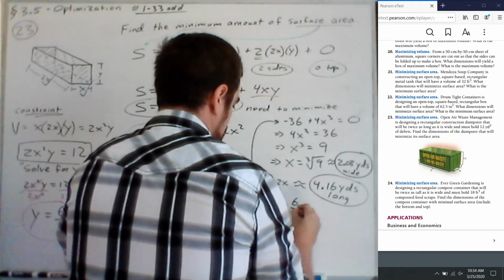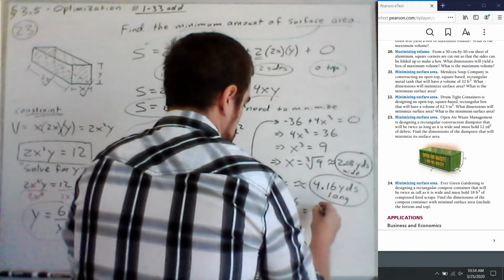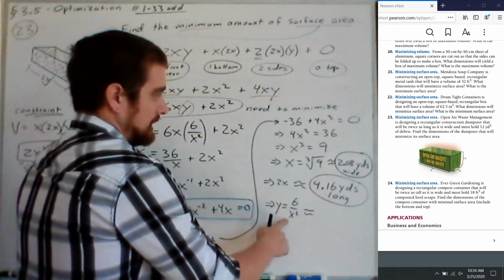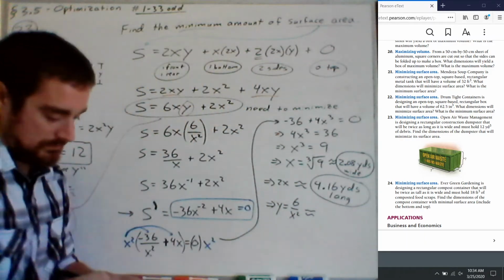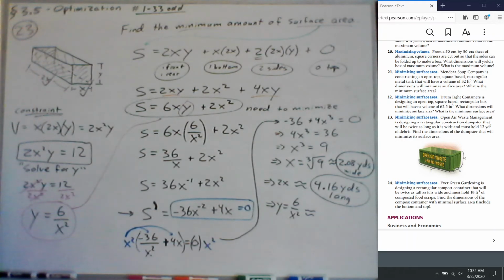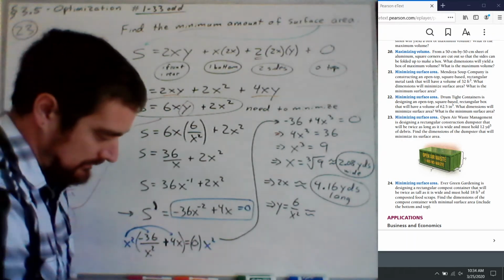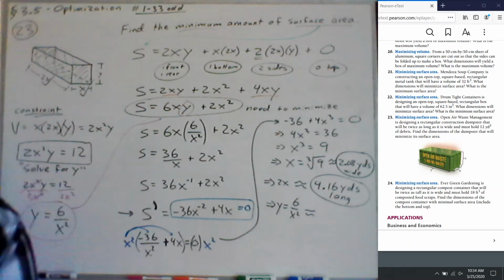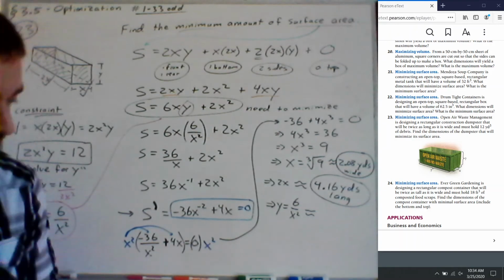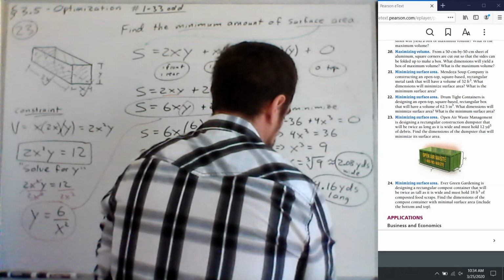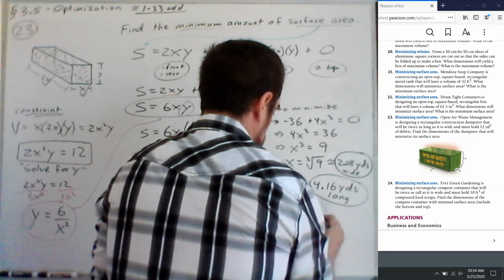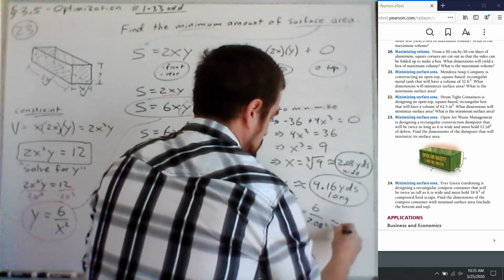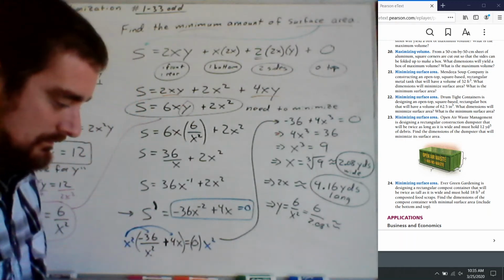Y was 6 over x squared, which in this case is just, again, approximating it, plugging in that 2.08 into x. So let's do y equals 6 over 2.08 squared, just to get a nice approximation on the height.